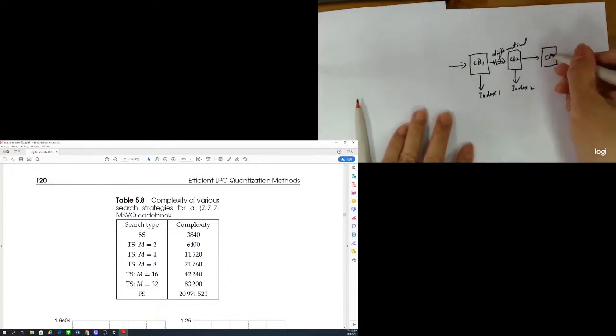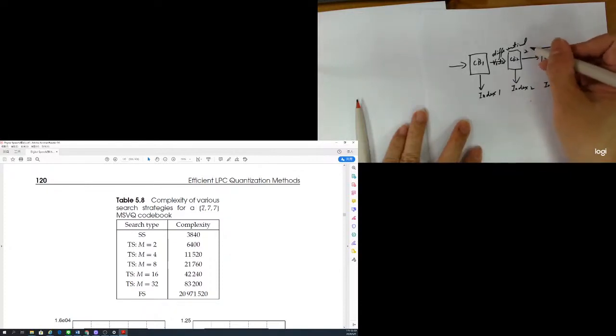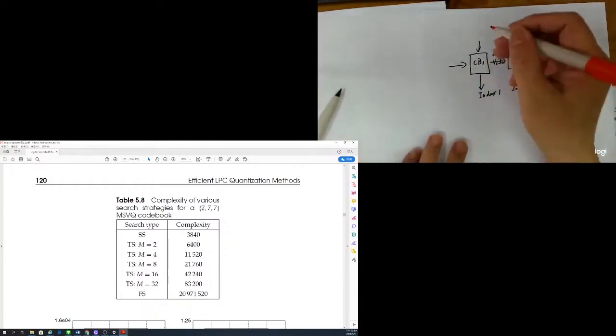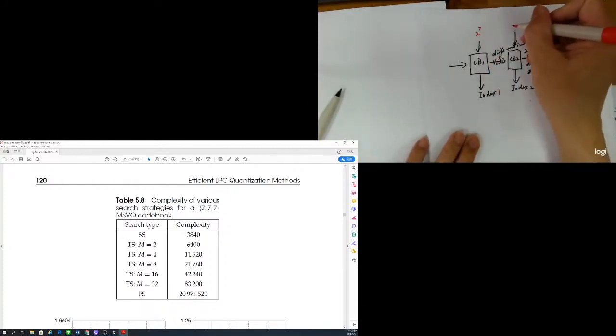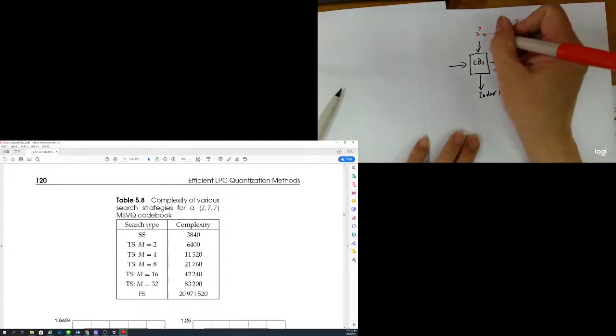So you have index 3, and this one is also a differential vector, a second order differential vector. Here it is 7 bits, so it is 2 to the power 7 code vectors.